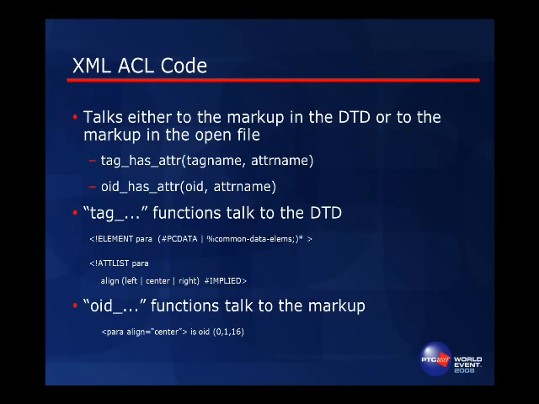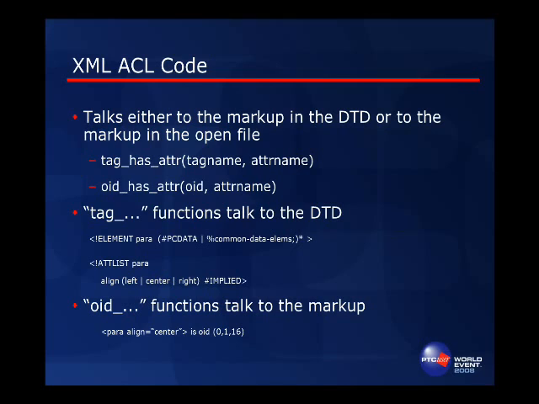So basically, the functions that start with TAG underscore ask the DTD questions. And the functions that start with OID underscore ask about the particular XML object that you're looking at in the file right now.